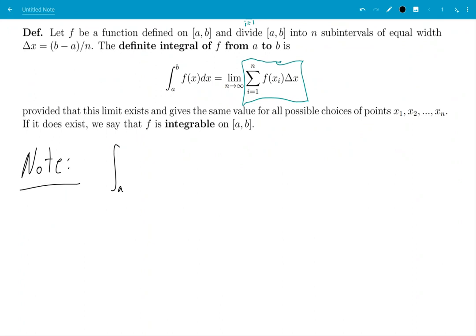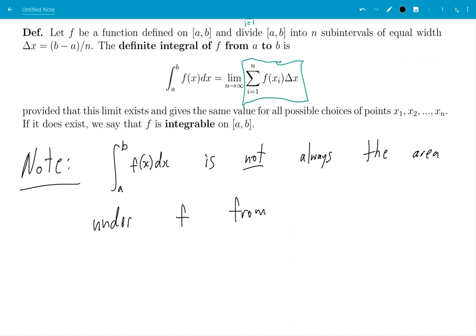So this definite integral of f from a to b is not always the area under f from x equals a, this is sloppy, from x is equal to a to x is equal to b.